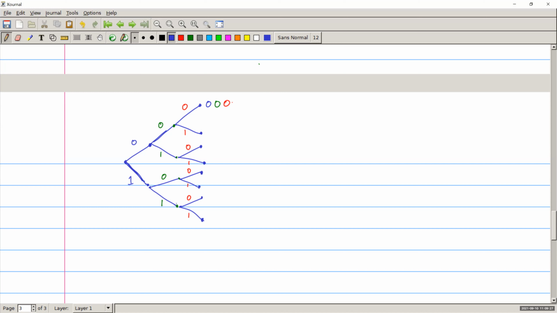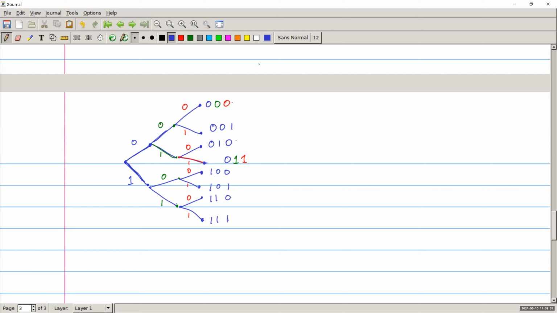This particular node, for example, corresponds to 0 1 1. Everyone sees that? So here, when you write it, this is 0 0 0, 0 0 1, 0 1 0, 0 1 1, 1 0 0, 1 0 1, 1 1 0, 1 1 1.